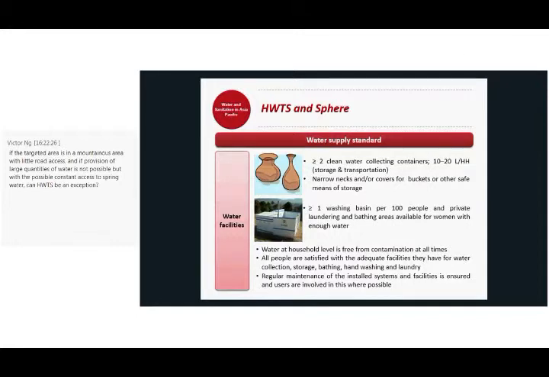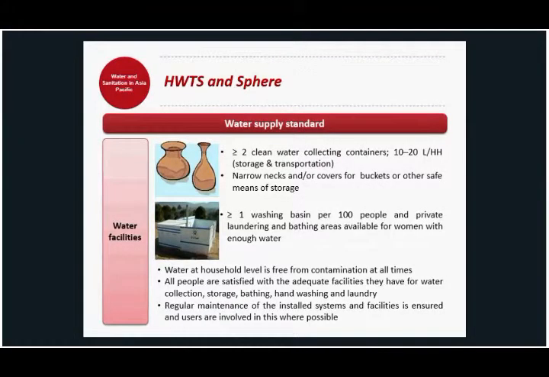And regarding other WASH facilities, there should be a minimum of 1 washing basin per 100 people, and private laundering and bathing areas available for women with enough water. We should also make sure that water at the household level is free from contamination at all times, and people are satisfied with the adequate facilities. They have enough water for collection, storage, bathing, hand washing, and laundry.